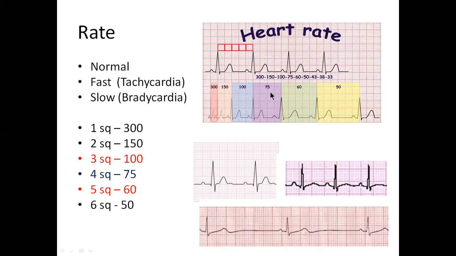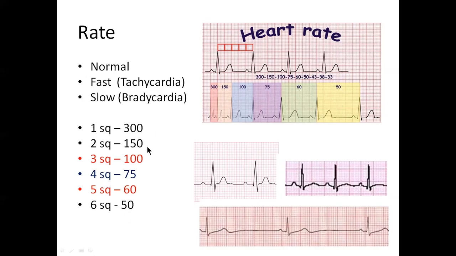Four squares, 75. 5 squares, the heart rate will be 60 beats per minute, and 6 squares will be 50 beats per minute. It's best to memorize this.